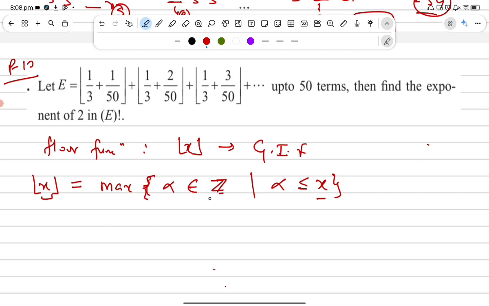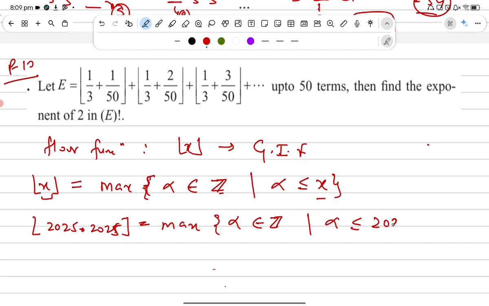Alright, so what does this mean? Let's say I have to find the GIF of 2025.2025. Big number. According to our definition, we have maximum of what? All the alphas belonging to the set of integers such that alpha is less than or equal to this thing. So alpha needs to be what? Integer. It belongs to the set of integers and it should be less than or equal to this thing.